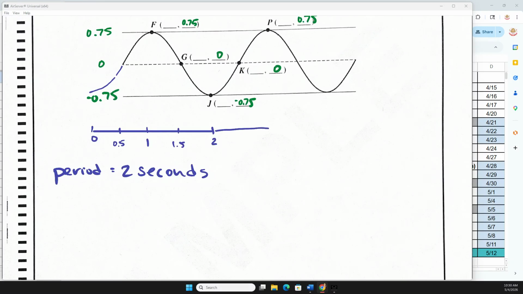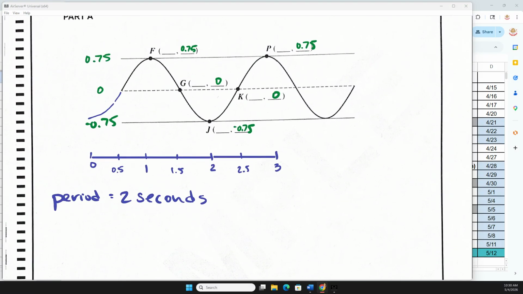All right, and we need to get all the way to P. All right, and then fill in your blanks. All right, so that's the process each time. You have to figure out what the period is, then you have to figure out where you are at time 0, and then just affect it to the rest of the graph.